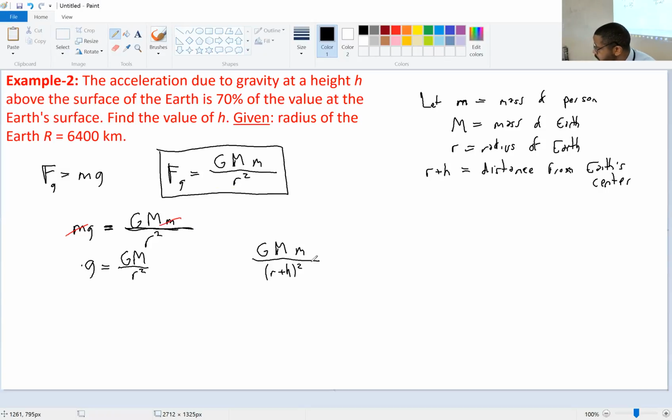And let's see how do I want to notate that. So that's going to be the force at height h, and then define the gravity at height h.